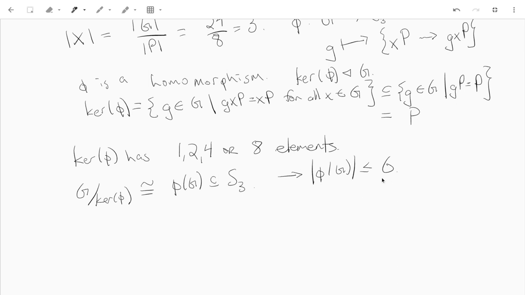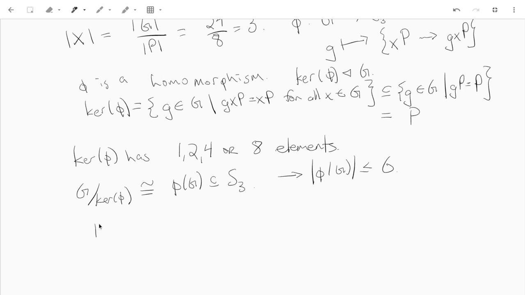This is a 6, not a G, in case my handwriting is unclear. So the kernel of phi has either 1, 2, 4, or 8 elements, and G mod the kernel of phi has 24 divided by the number of elements in the kernel of phi.